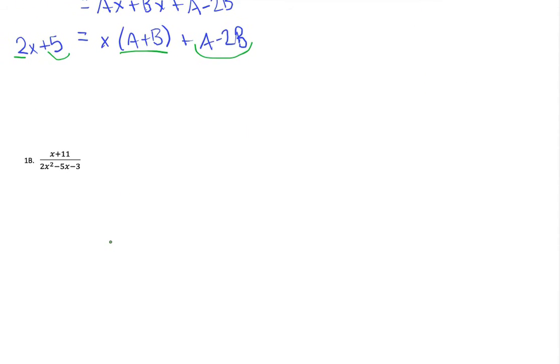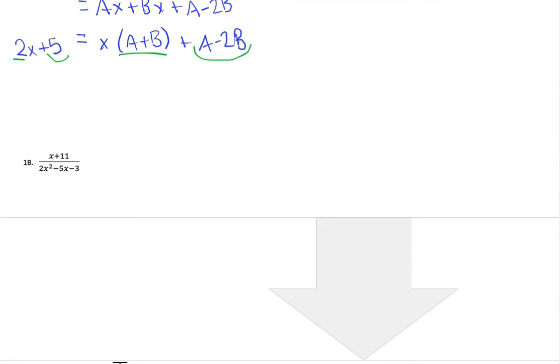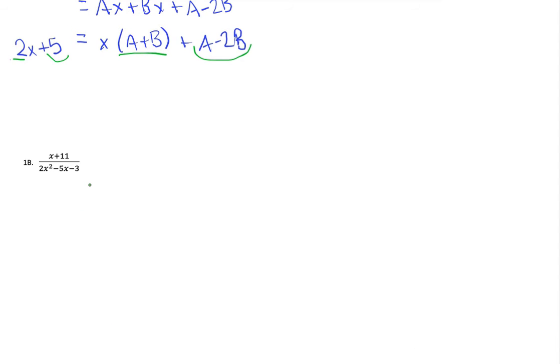Let's see. I keep adding more space in here. Okay, so this one, if we take a look at the denominator, I'm going to use the swing method. So I will take that 2 times that negative 3. So I have x squared minus 5x minus 6.